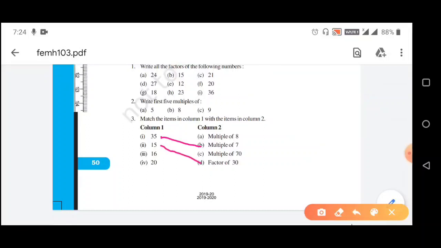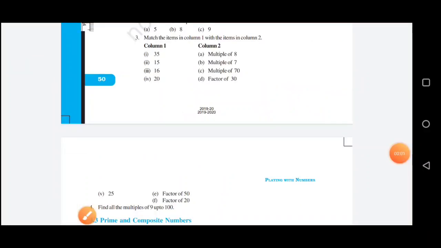Now 16. 16 is the multiple of 8 as 8 into 2 is equal to 16. So 16 is the multiple of 8. Point number 4 of column 1 is given 20. So point number 4 is matching with point F in column 2. So 20 is a factor of 20.